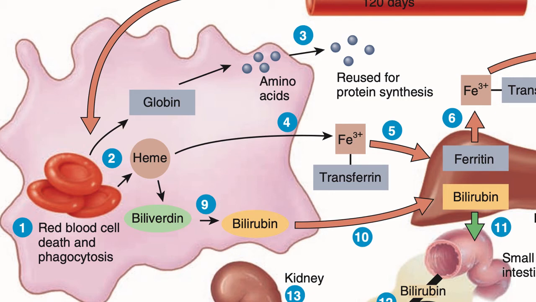It could also go to the muscle fibers and liver cells, as I mentioned, and the macrophages of the spleen and the liver. Then the Fe3 detaches from the transferrin and attaches to an iron storage protein called ferritin. That's the one in the gray area.